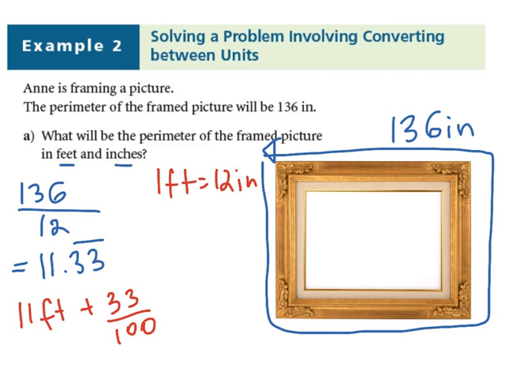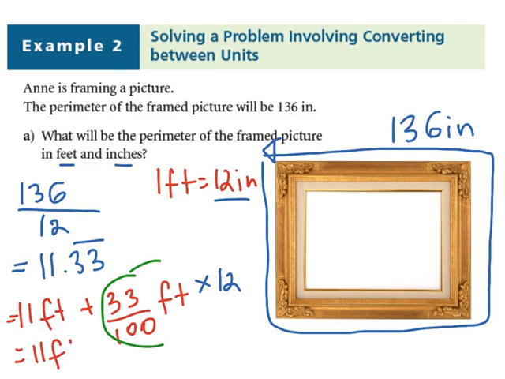The way we do this is we, again, multiply by the conversion of 12 inches. So we multiply this by 12, and we'll get inches. So what's the answer? We get 11 feet plus 4 inches exactly.